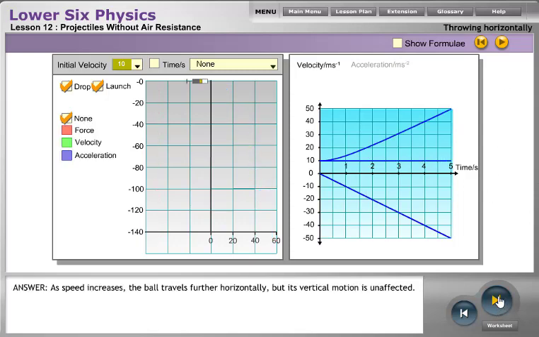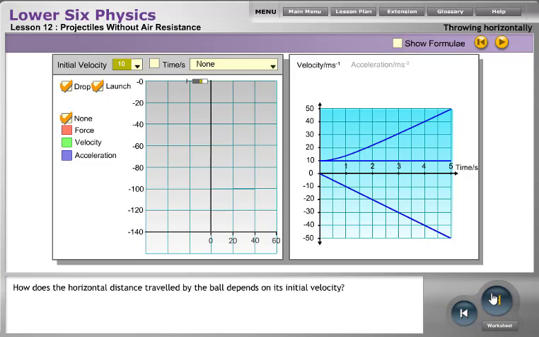Answer: as speed increases, the ball travels further horizontally, but its vertical motion is unaffected. Does the ball take longer to reach the ground when it is thrown faster? Answer: no. It takes the same time, no matter what its horizontal speed.